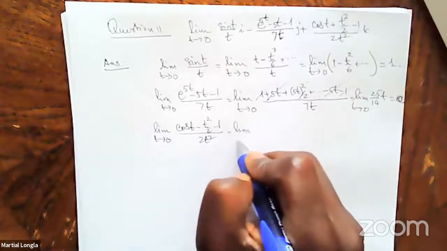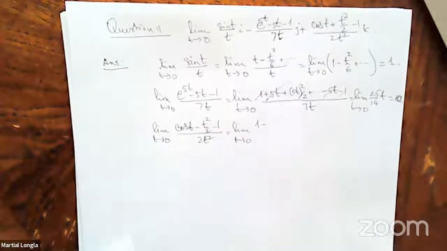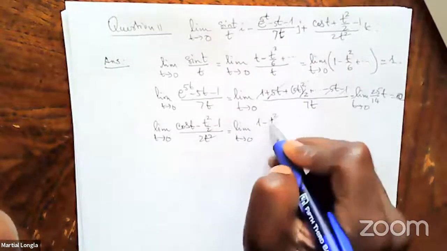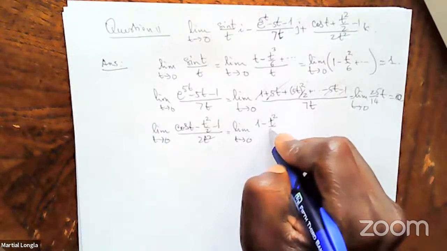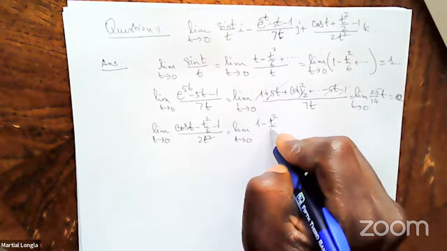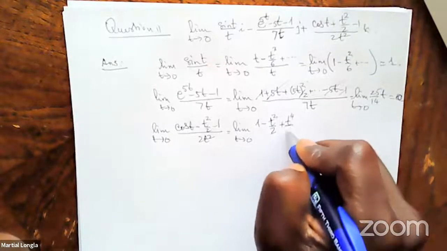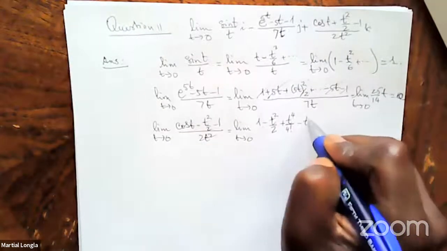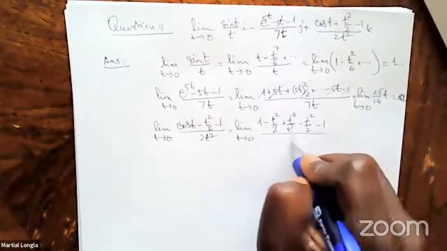Cosine t is 1 minus t squared over 2 plus t to the 4th over 4 factorial, minus t squared over 2 minus 1, over 2t squared.